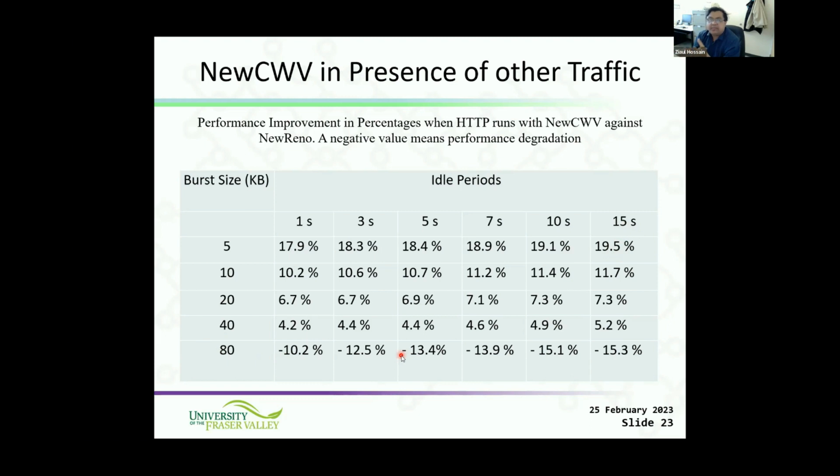We have to use TCP pacing. We will be publishing that work with the pacing very soon. If we add the pacing method with it, we have found that instead of having lower performance, we can actually have better performance. So this is what newCWV does.